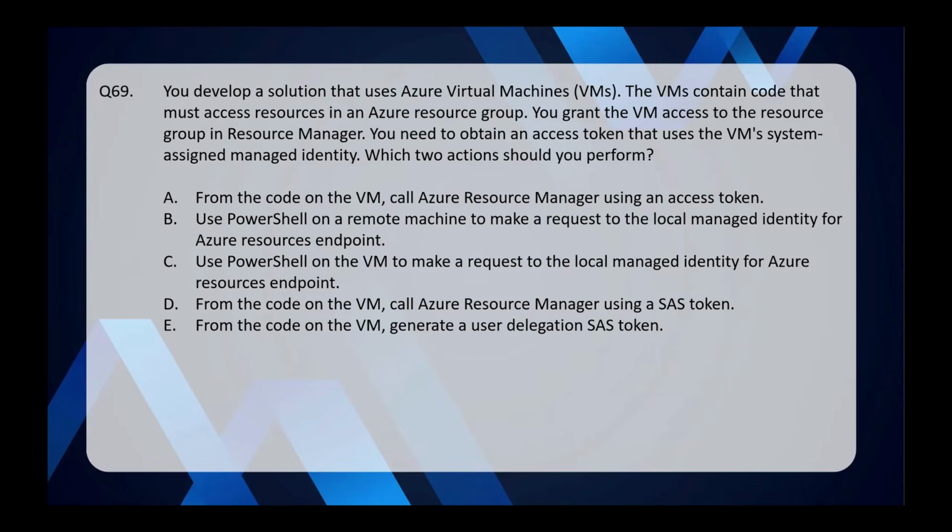Use PowerShell on a remote machine to make a request to the local managed identity for Azure Resources endpoint. Use PowerShell on the VM to make a request to the local managed identity for Azure Resources endpoint. From the code on the VM, call Azure Resource Manager using a SAS token. From the code on the VM, generate a user delegation SAS token.